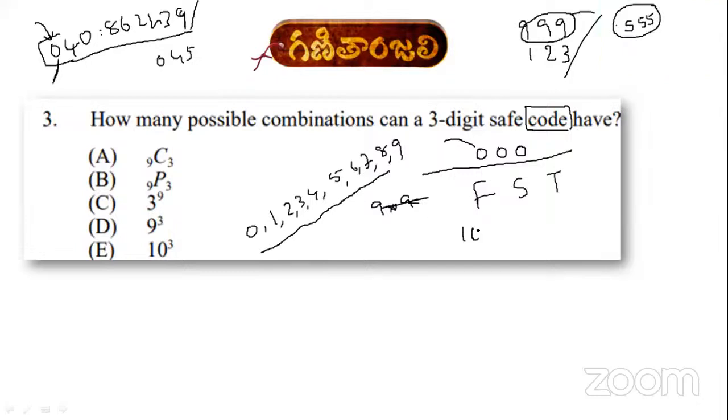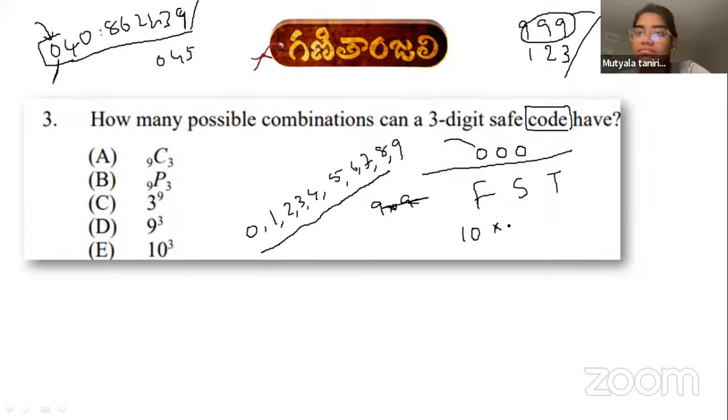First place can be filled in 10 ways. Second place can be filled in 10 ways. Third place can be filled in 10 ways, because repetitions are allowed. See, repetitions are allowed in codes. If repetitions are not allowed, it must be mentioned in the question clearly. Since repetitions are allowed, it is 10, 10, 10.